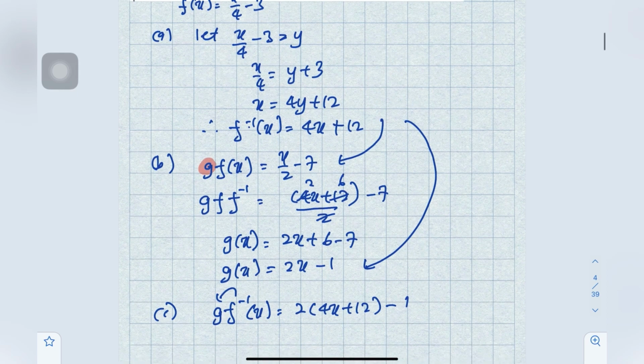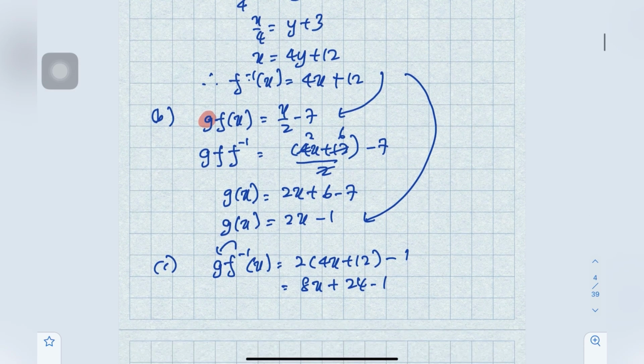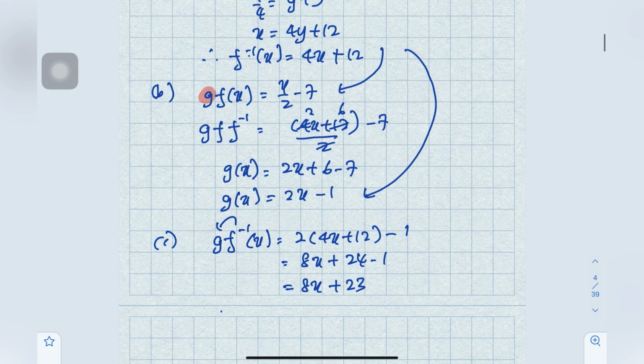Okay. So this one become 8x plus 24 minus 1. So dapat 8x plus 23. Ni g f inverse x. Jadi kalau kita nak g f inverse 2, masukkanlah 2. Okay, so the final answer will be 39.